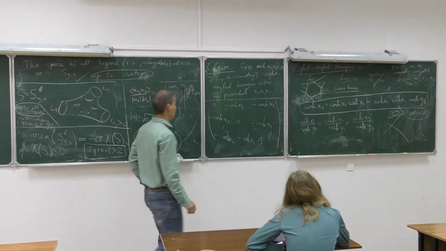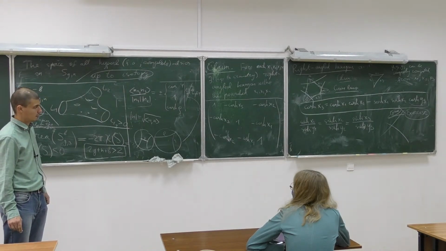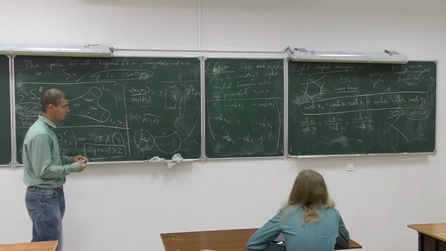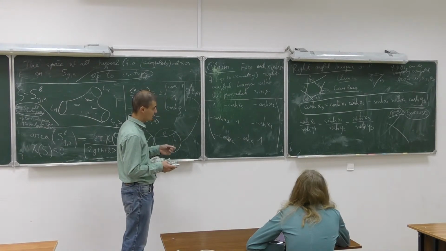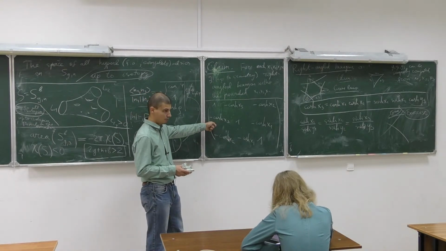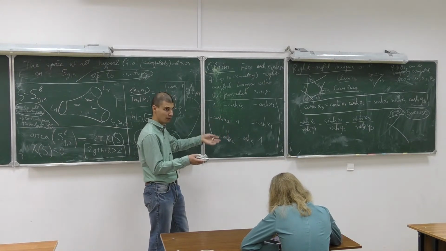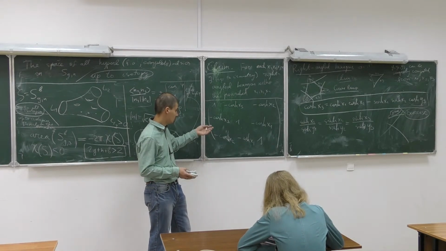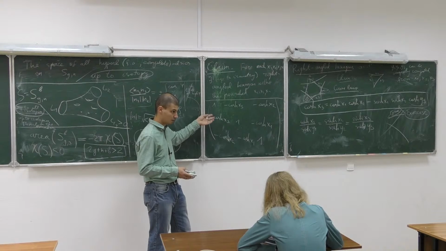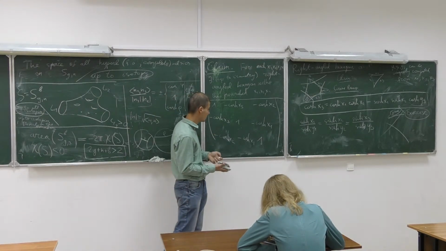An easy fact is that this matrix is non-degenerate and has signature (2,1). So for the symmetric bilinear form with such a matrix, its positive inertia index is 2 and its negative inertia index is 1.